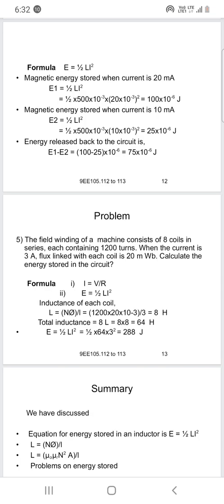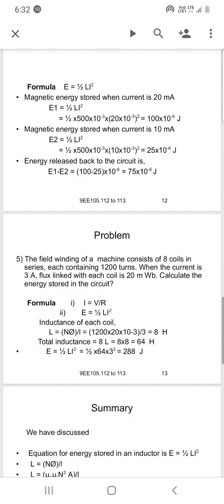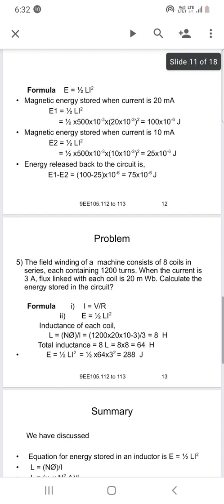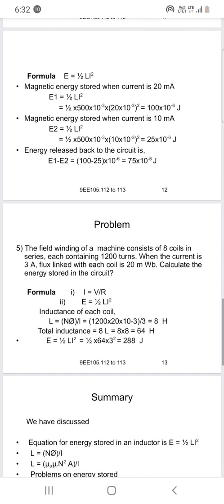The E2 value is nothing but half L I squared, where L is 500 into 10 to the power of minus 3, into 10 into 10 to the power of minus 3, squared. Then the E2 value is equal to 25 into 10 to the power of minus 6 joules. So this is the E2 value.